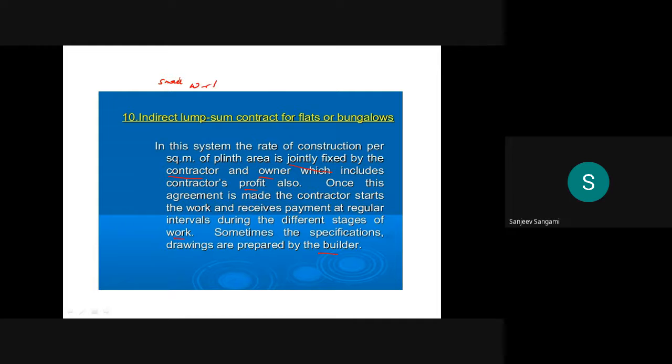This kind of thing will be around some residential buildings or apartments, normally in the private sector, and always the work will be given based on the square meter of the plinth area. Then the payment will be made on completing the different stages of the work.